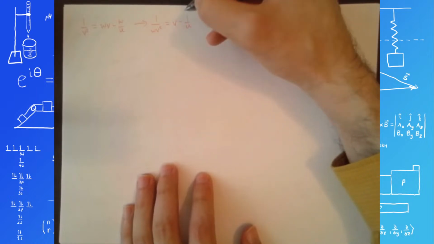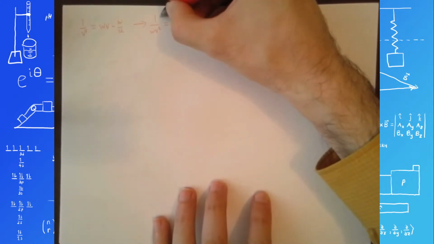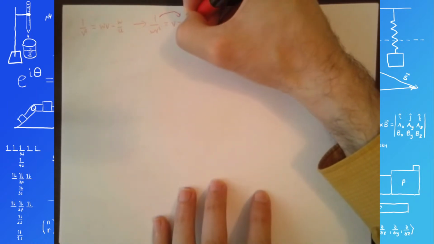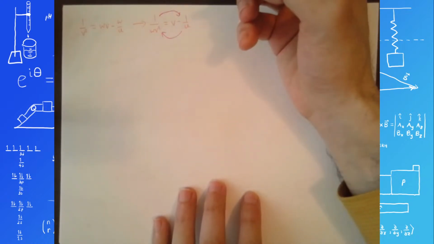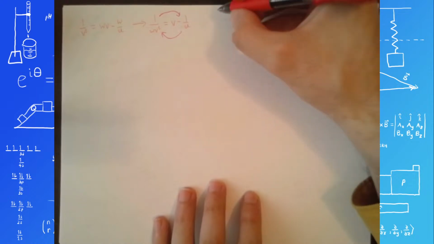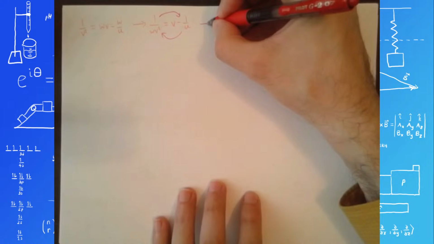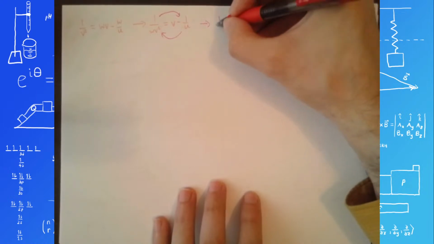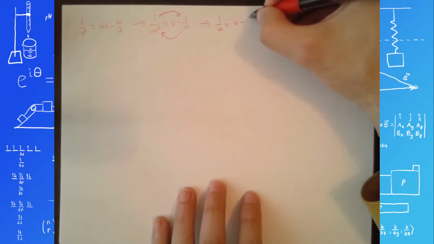Plus, also it shows you this little quick trick. You're basically having these swap places. You're subtracting 1 over wv squared from the left and adding 1 over u from the right to the left, so you end up with 1 over u equals v minus 1 over wv squared.